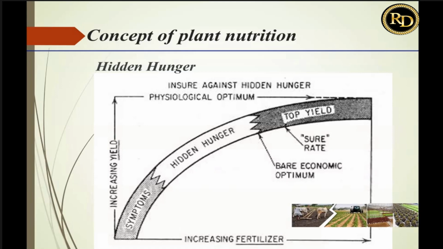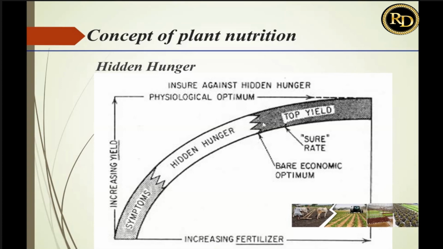But an efficient grower has the eyes to see that hidden hunger. And as a grower, you always need to maintain optimal factors in terms of nutrition and other resources. You need to ensure optimal availability to ensure the top productivity, the top yield.